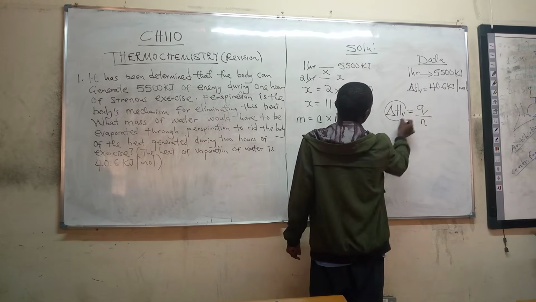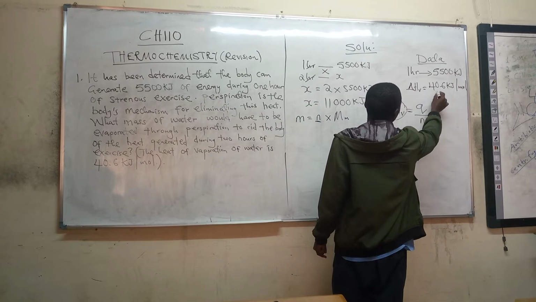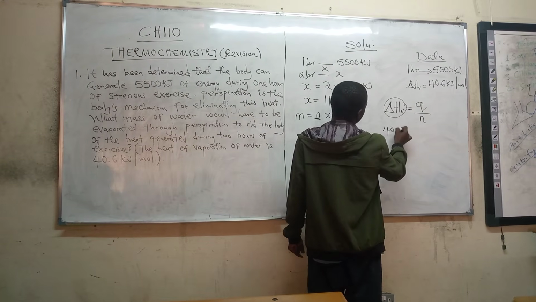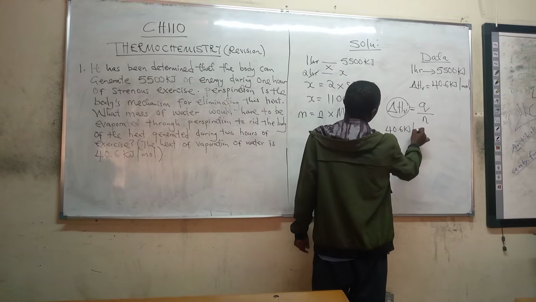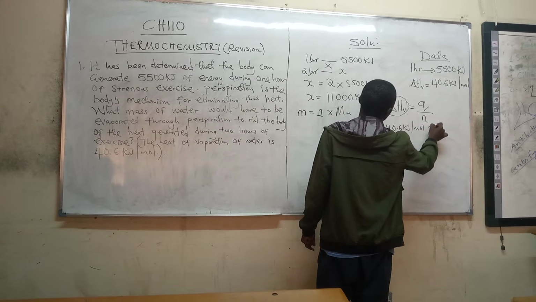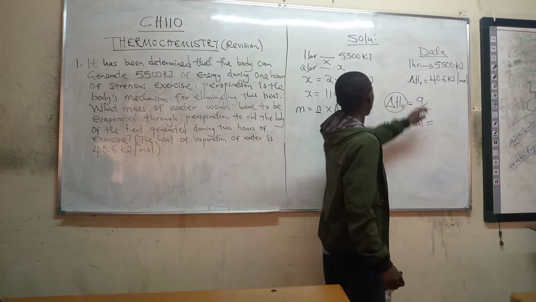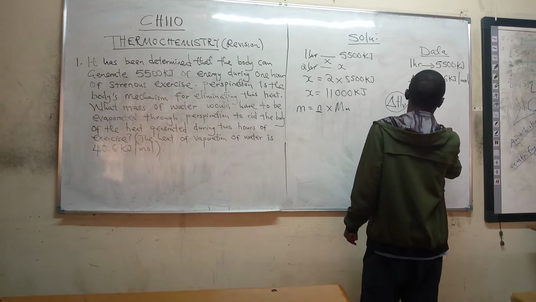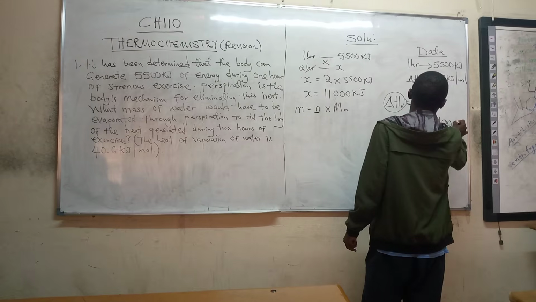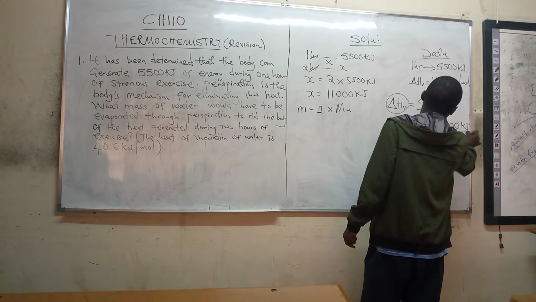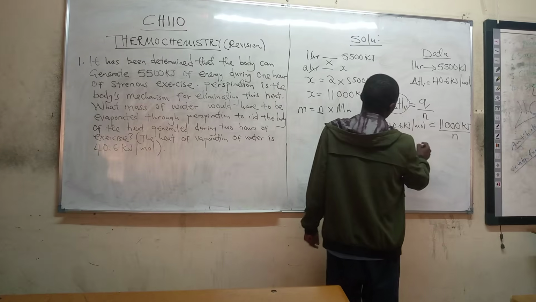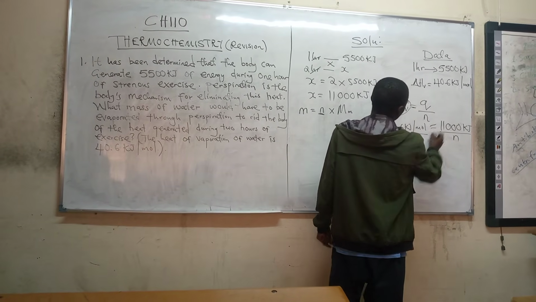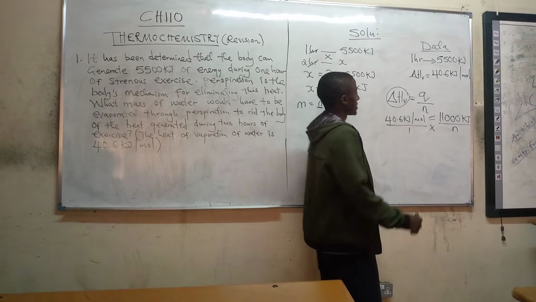Now I have heat of vaporization, which is 40.6 kilojoules per mole, equal to the heat that was produced in 2 hours, which is 11,000 kilojoules, over n, which is the number of moles. So you put 1 there and then you cross multiply because there is an equal to symbol.